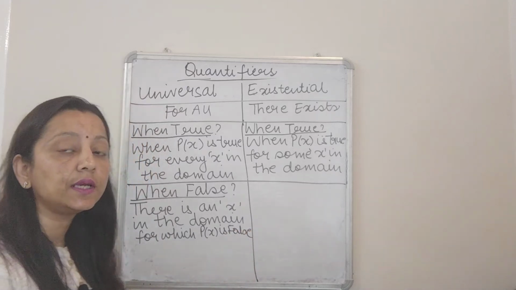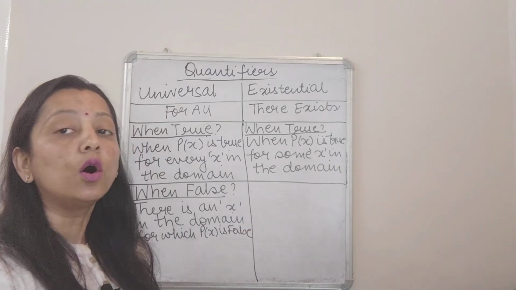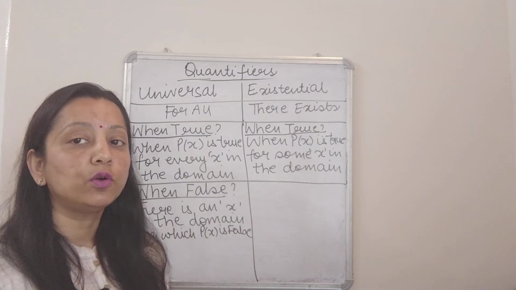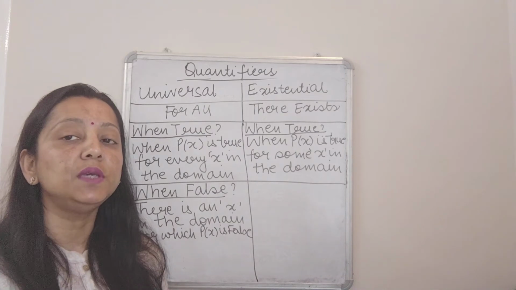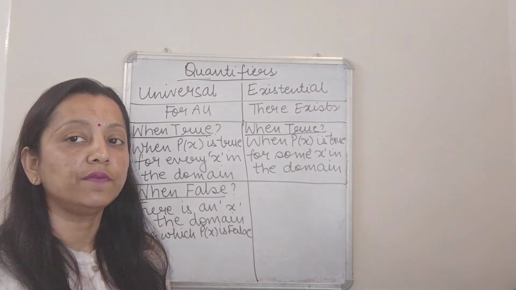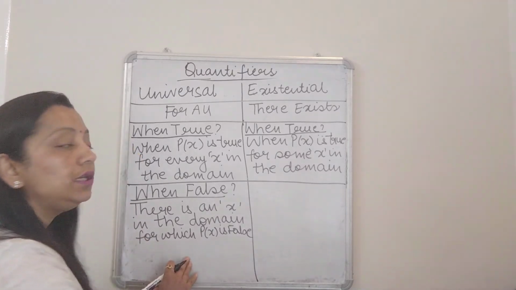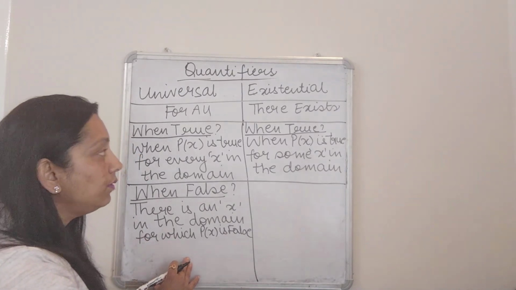That means even if for some values of x, or even if for just a single value of x from the domain of x, p of x has a truth value false, then the universal quantifier is considered to be false.